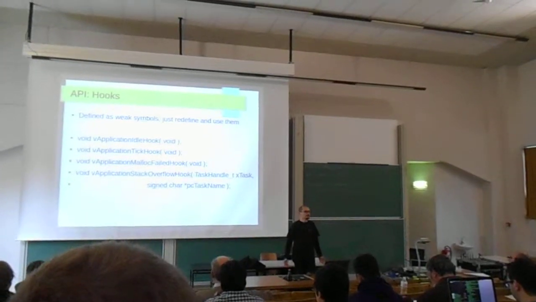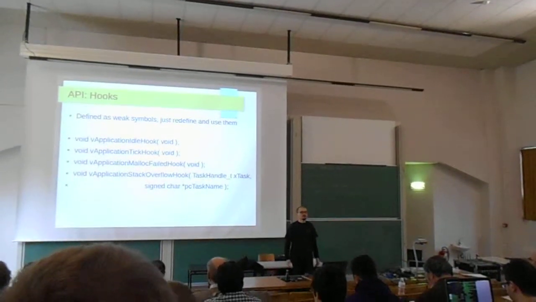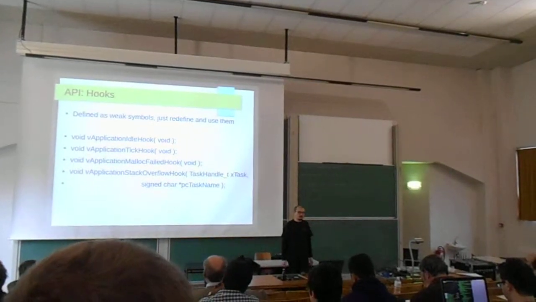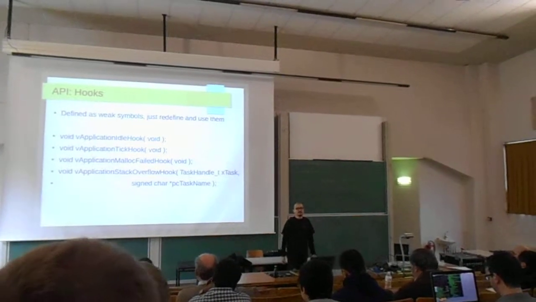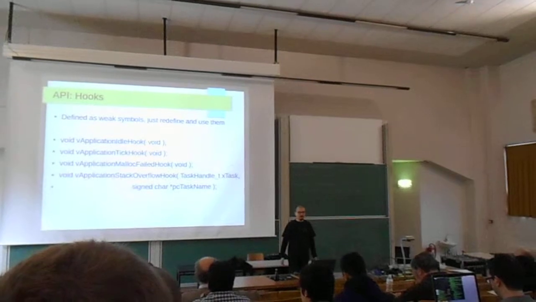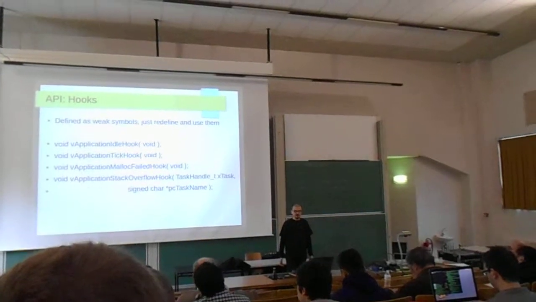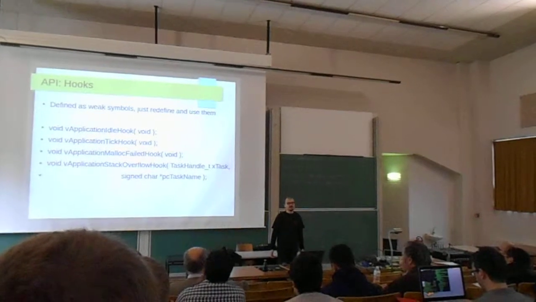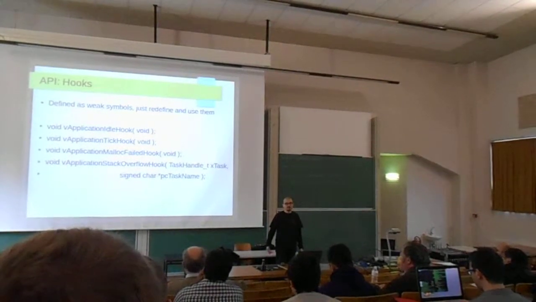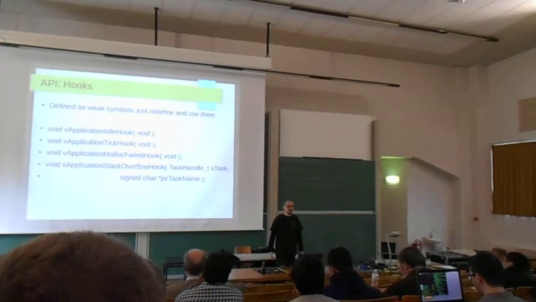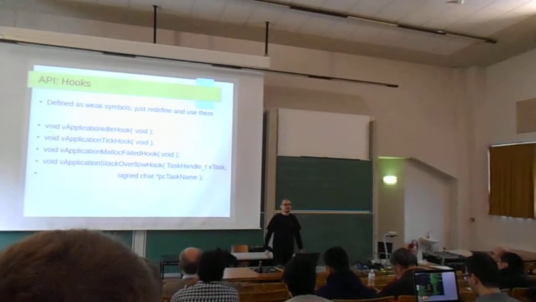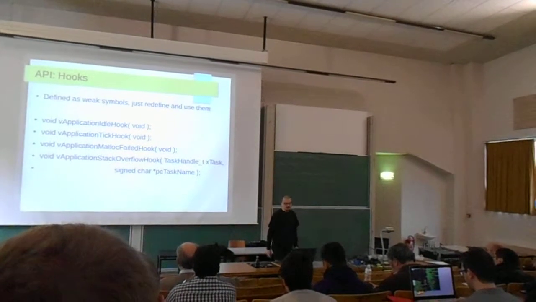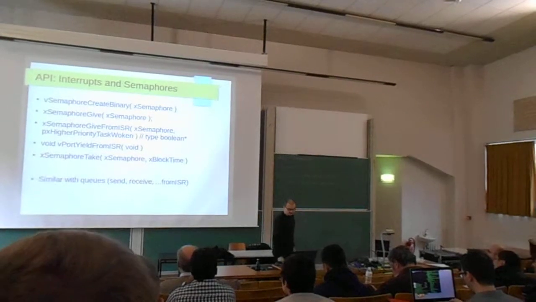A malloc fail hook obviously runs whenever a malloc fails. A stack overflow hook runs whenever a stack overflows, and you see I get a handle to the task and even the string parameter for the task name, so I can immediately do something about which task has been overflowing its stack.